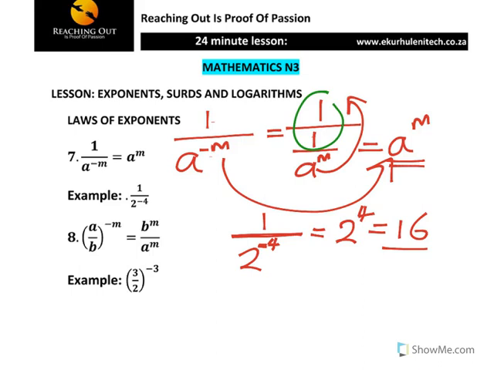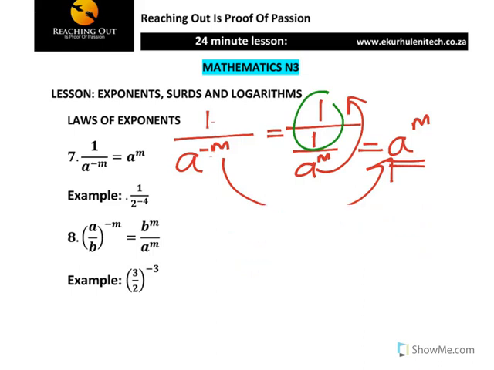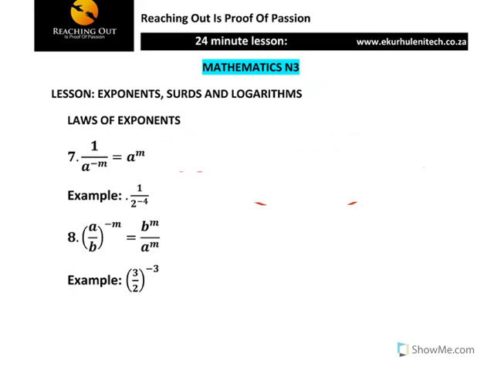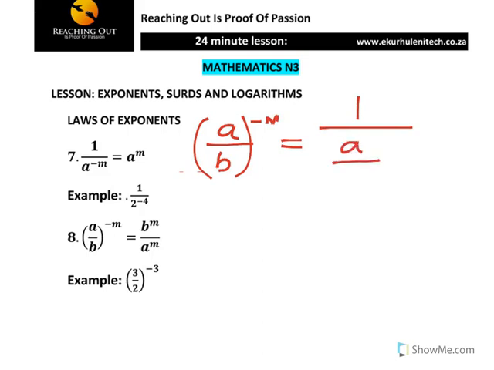Another law that we can apply, if you look at this law, it says a over b to the power negative m. If I do it the long way, it's 1 over a over b to the power m. By saying 1 over, I was getting rid of the negative.